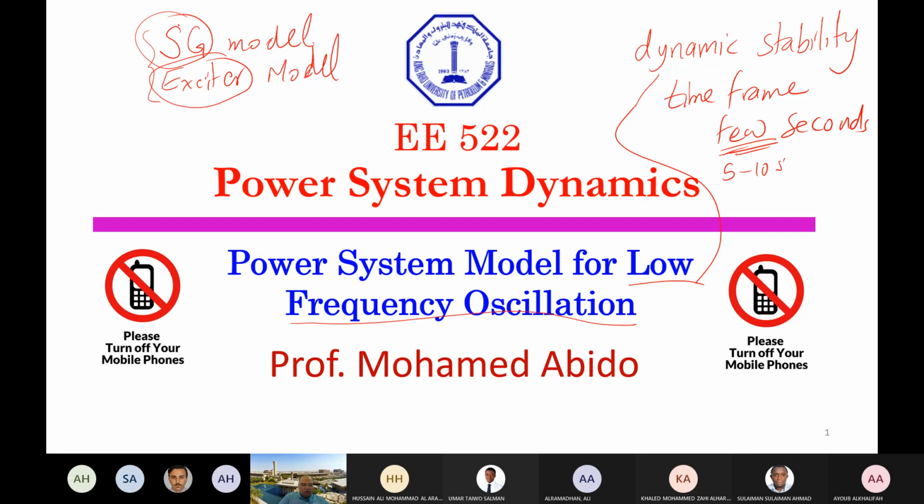In the synchronous generator model, we have a second order model, a third order model, a fourth order model, and a seventh order model. And for the exciter, we can have a third order model, and we developed it for the stabilizing transformer and saturation and all these issues in exciter modeling.